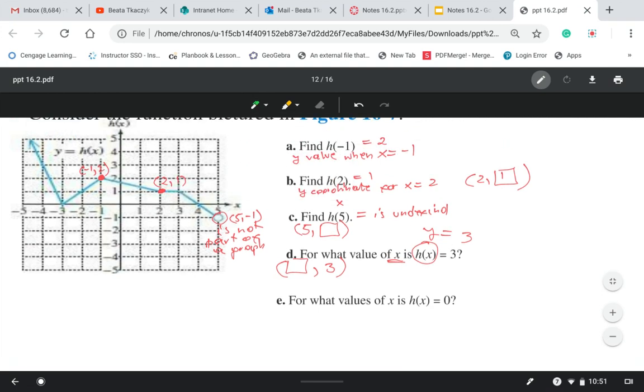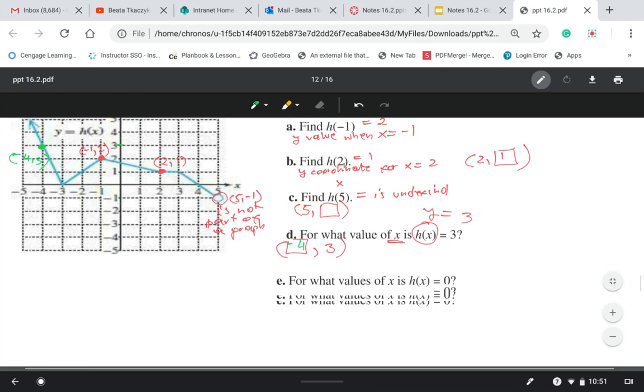And I'm trying to find the point on the graph which has y coordinate equal 3. So this is 3 on the y-axis. So we will have a point here which has y coordinate equal 3. And this point has coordinates -4, 3. So they're asking in part D for what values of x, y is equal 3. So the answer will be -4.